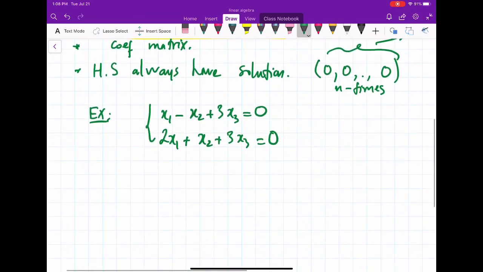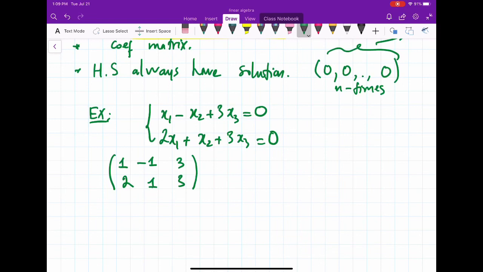For this system, we have the following matrix: 1, -1, 3, 2, 1, and 3. I don't need to write the zeros, because whatever you do, that is still 0. So I just write the coefficient matrix.